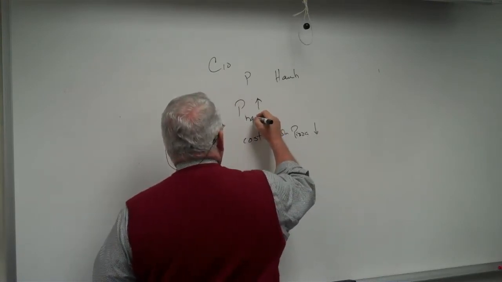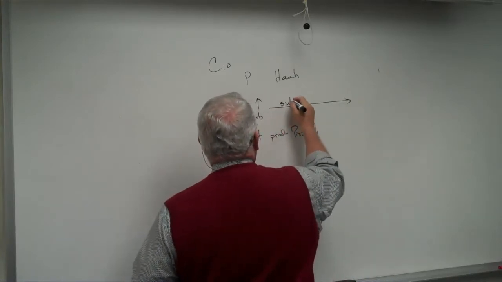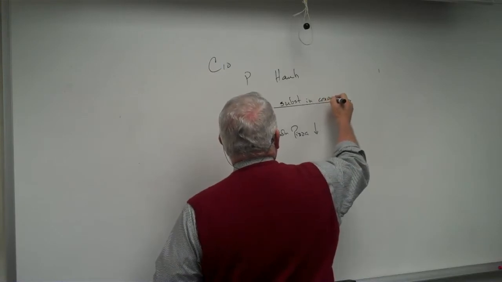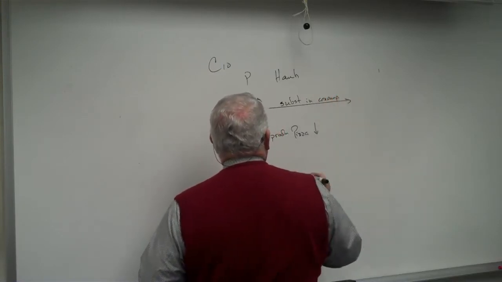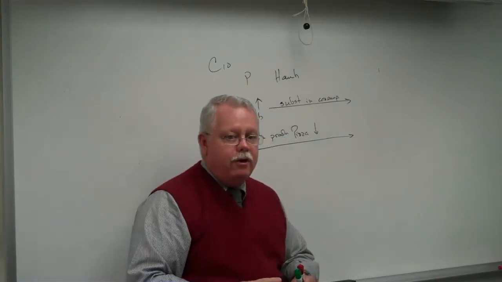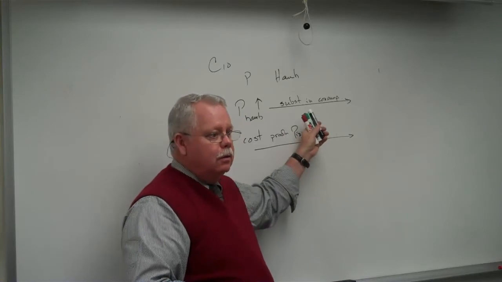So the price of hamburgers goes up, and we know that they are substitutes in consumption. You buy one or the other. And the cost of production for pizza decreases. First thing you've got to do is read that question real slow and make sure this is what you get out of it.